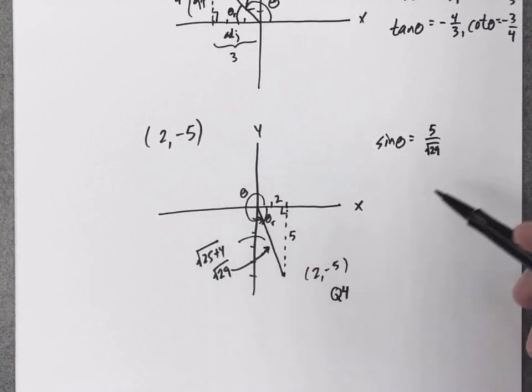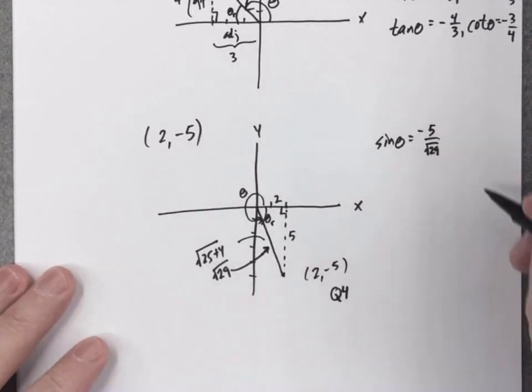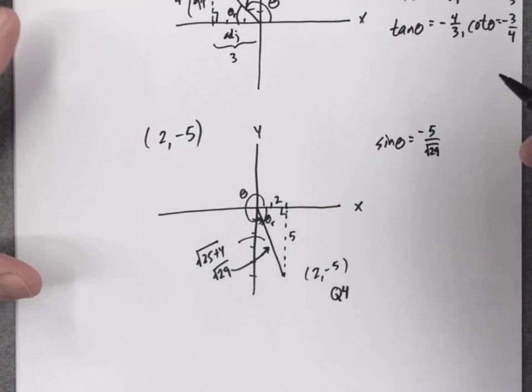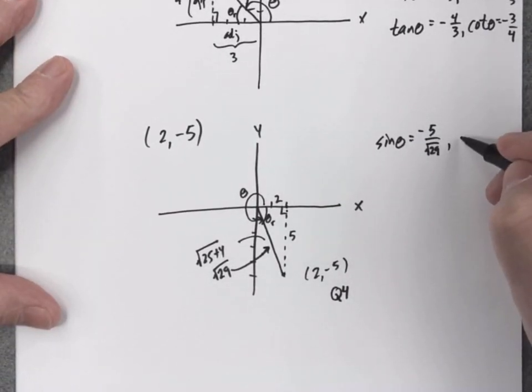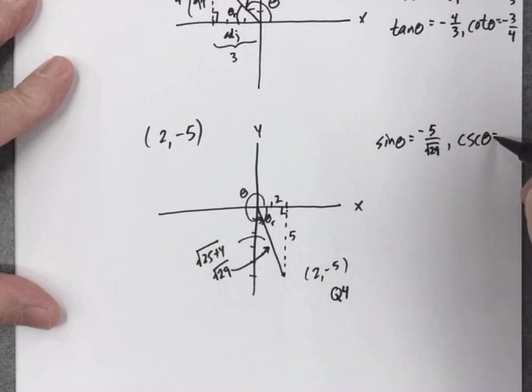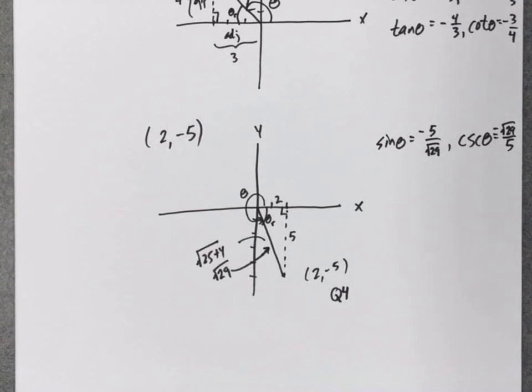Y down here is negative. So it's actually going to be negative. Matter of fact, while we've done the sine, let's just go ahead and do what I call its partner or its buddy, because it's just going to be the reciprocal. So square root of 29 over 5, and it's also negative.